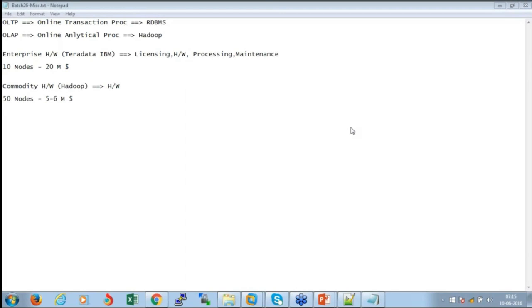That is not there for Hadoop? No, because your admins themselves will maintain it. There will be a minimal cost incurred, but it's not as huge as your ERP payments. It will be very, very minimal.